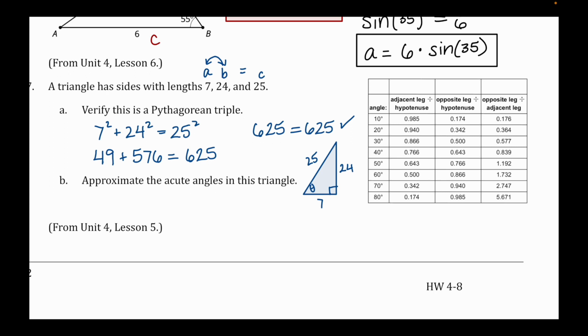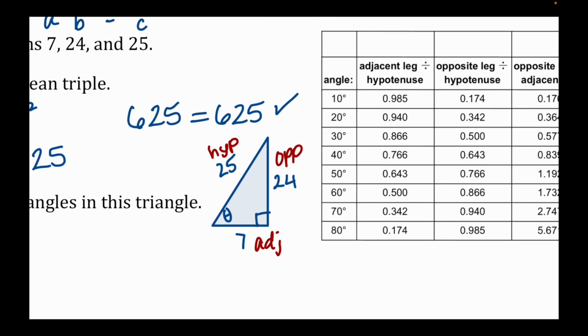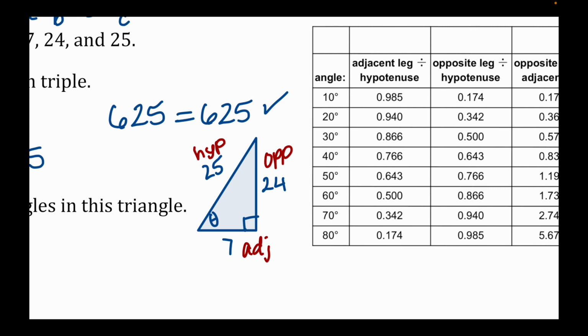From this perspective, this would be our opposite, this would be our adjacent, and this is our hypotenuse. Since adjacent over hypotenuse is in the first column, it's closest to the degrees, and I like to use that if I can to verify these things.